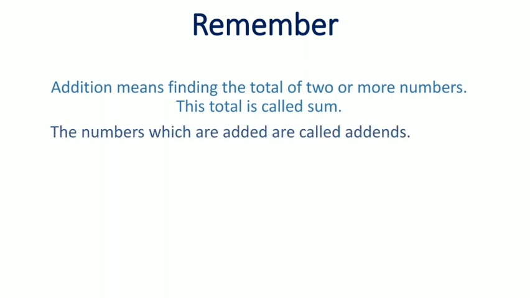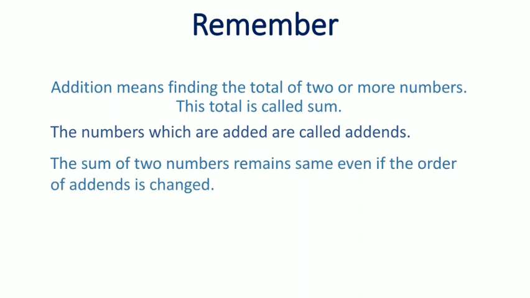The numbers which are added are called addends. Means 5 plus 7, these two numbers are called addends. The sum of two numbers remains the same even if the order of addends is changed.